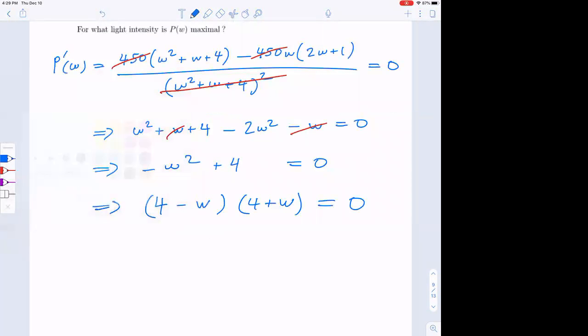I'm going to again use a number line, and draw on my number line the points of interest. We have minus 4 as one of our two points and 4 as the other. And now I'm interested in when is P' positive and when is it negative? That will tell me what's going on with increasing and decreasing with P itself.